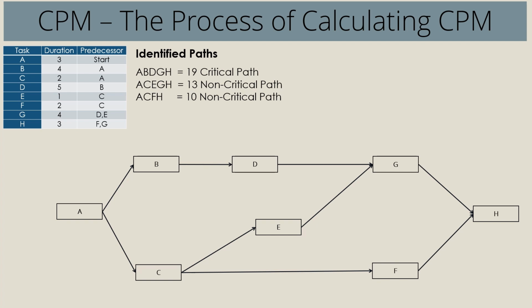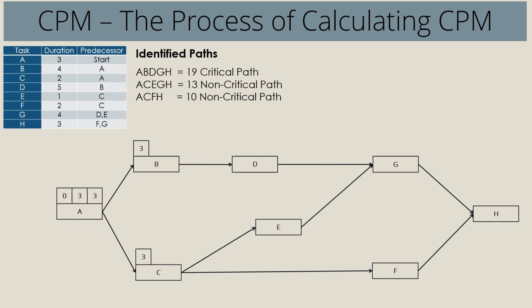So starting with activity A, we start at 0. Activity A's duration is 3 days. So we have 0 plus 3, its early finish will be 3. Remember, what we do is we bring the early finish into the early start of these activities B and C. So we just bring the 3 up because they can't start until activity A is done.